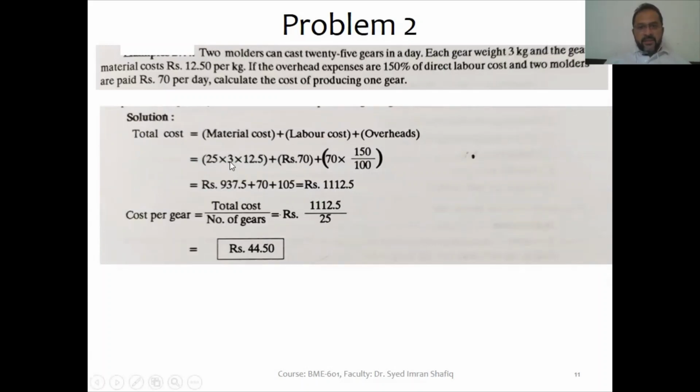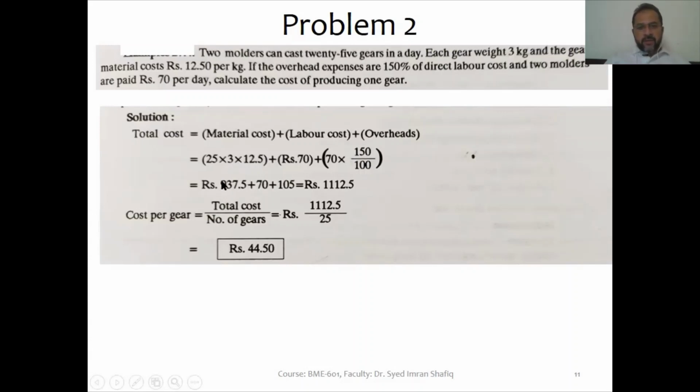Each gear is 3 kgs and the material cost is rupees 12.50. So 25 into 3 into 12.5 gives the total material cost. The labor cost is rupees 70 per day. It is added to the material cost, and the overheads are 150% of the labor cost. It's given in the problem.